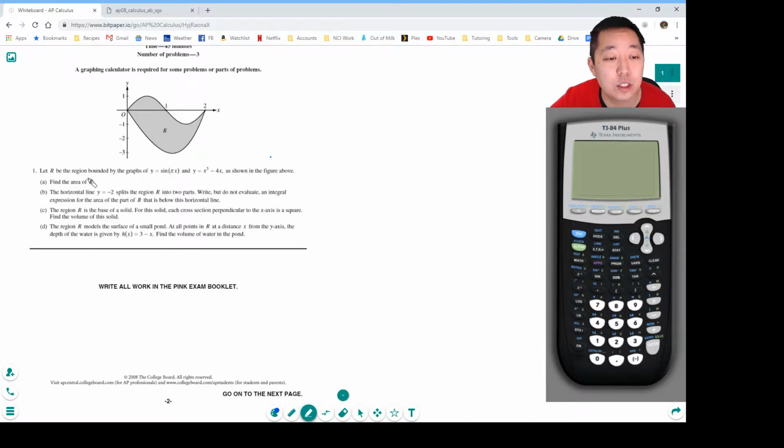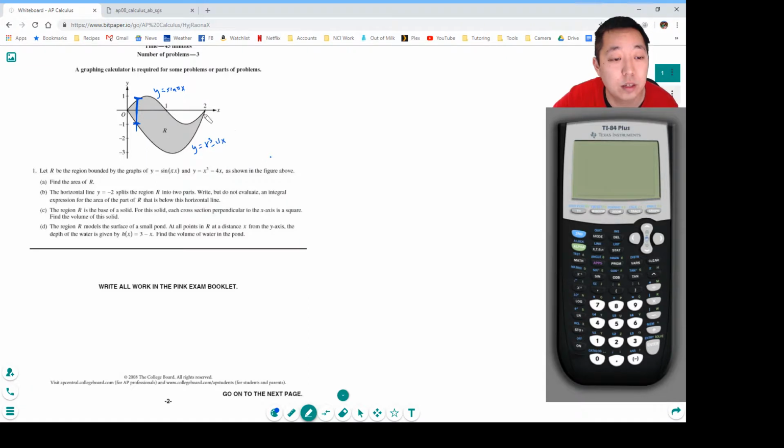So let R be the region bounded by the graphs y equals sine pi x, and y equals x cubed minus 4x, as shown in the figure above, and find the area of R. To find the area, I'm going to sum up rectangles. The rectangles are going to be this y value minus this y value, top minus bottom.